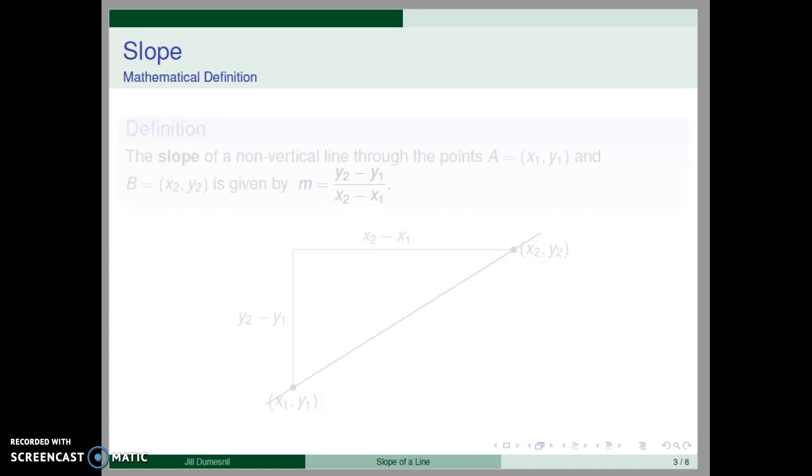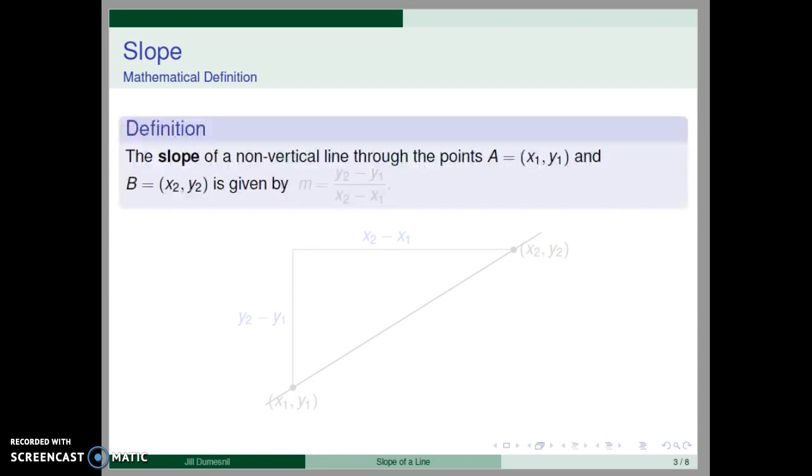If we want a mathematical definition of slope, we need to be more precise. The slope of a non-vertical line through the points A with coordinates x1, y1, and B with coordinates x2, y2 is given by m equal y2 minus y1 over the quantity x2 minus x1.